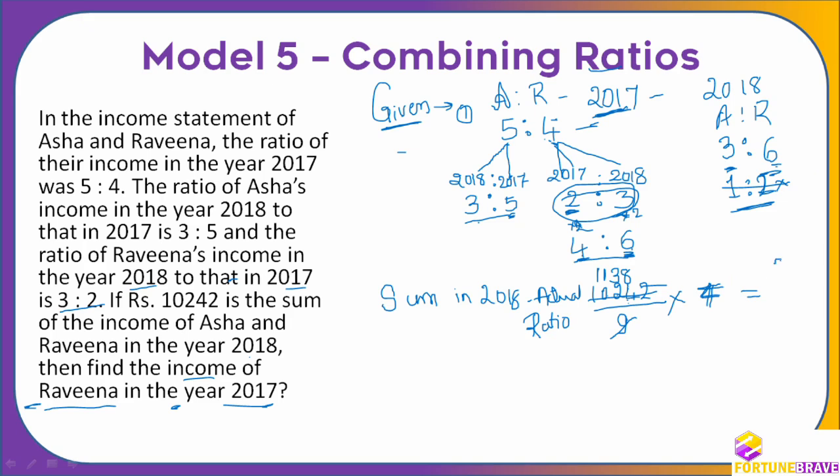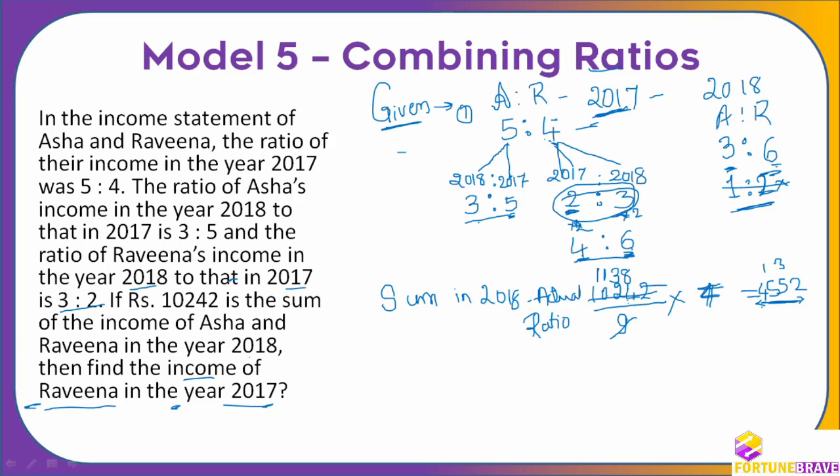So 8 4s are 32, 3 4s are 12, 12 plus 1 is 13, and 4 1s are 4. So 4552. This is how we can do it very, very fast and directly, without using that X and all those things.